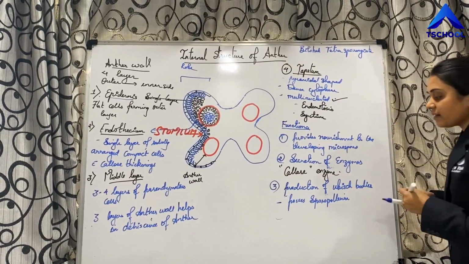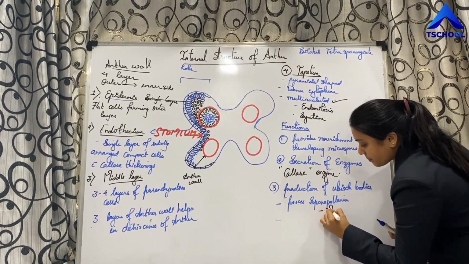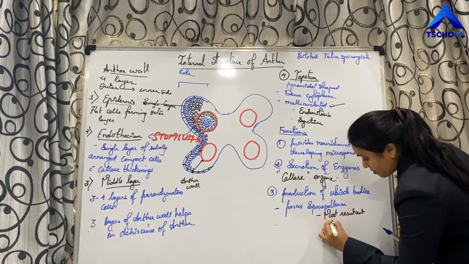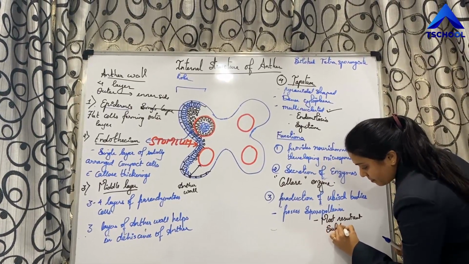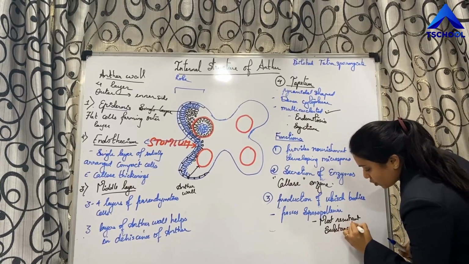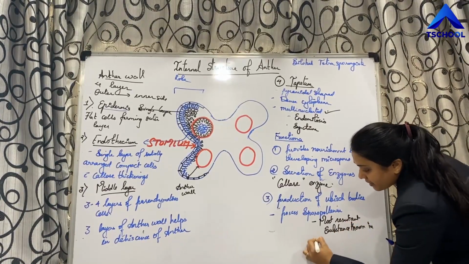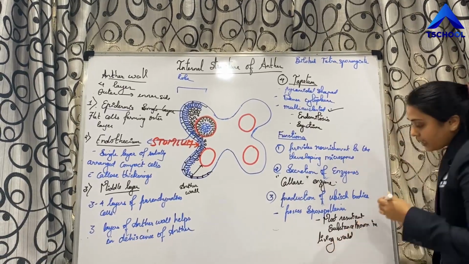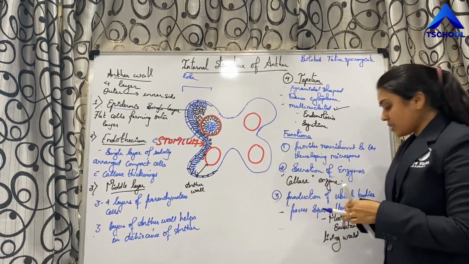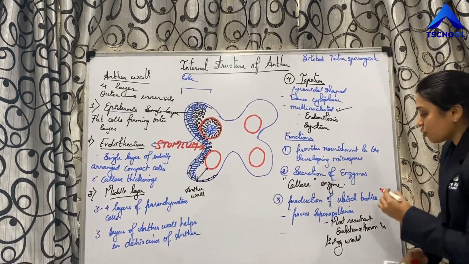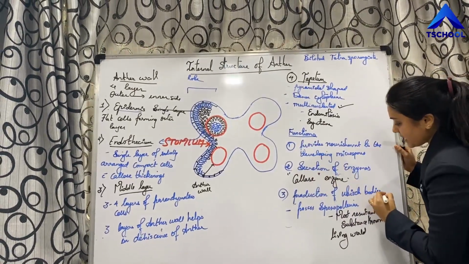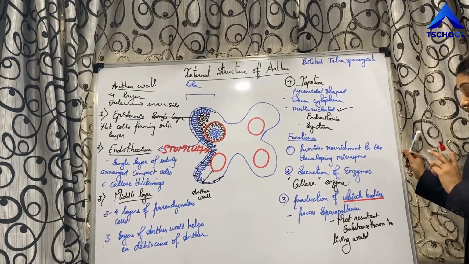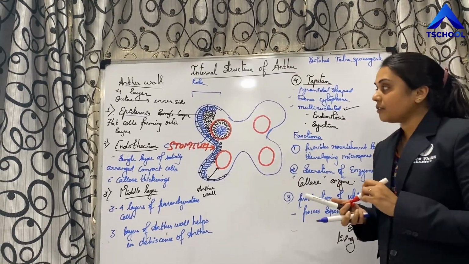This sporopollenin is the most resistant substance known in the living world, right? So the cells of the tapetum produce Ubisch bodies, and these Ubisch bodies possess sporopollenin, which is the most resistant substance known in the world, right?